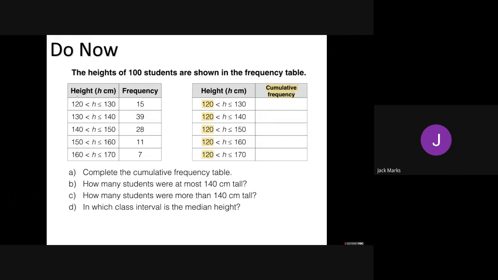So we're going to be talking about some continuous piece of data and frequency for groups. And then you will often use this in a separate table or just a table with another column to talk about cumulative frequency. Look at the way that this is written. Here we were looking at heights between 120 and 130.